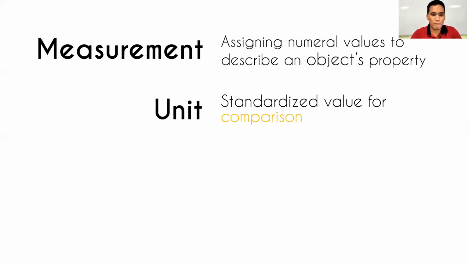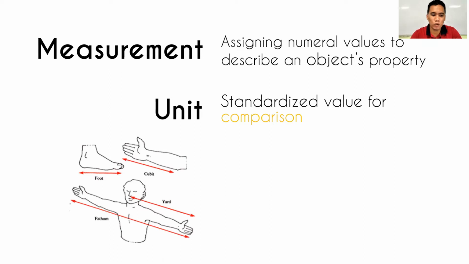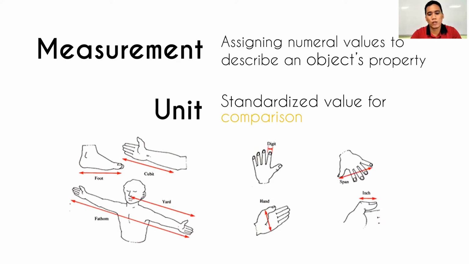So before measurement was developed, in the old times, especially in Egypt, they were using the parts of the body of their current pharaoh to measure something. They were using the foot of the pharaoh, the hands of the pharaoh, the arm of the pharaoh. So they were using parts of the body of their current pharaoh.